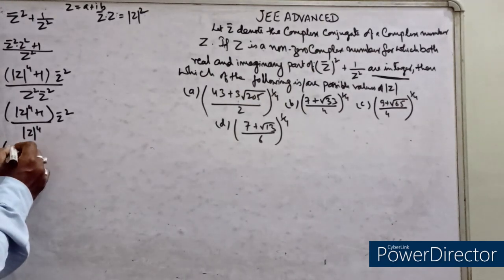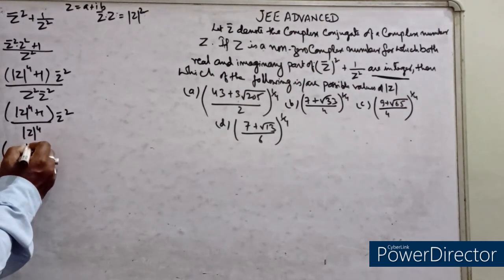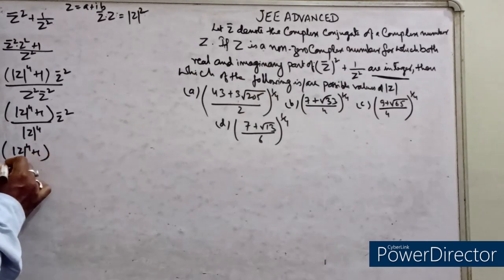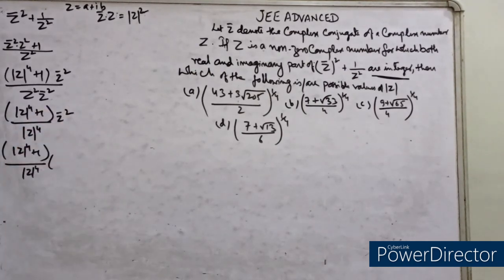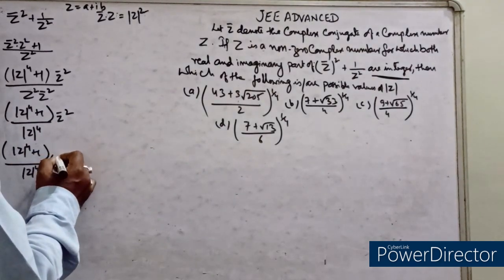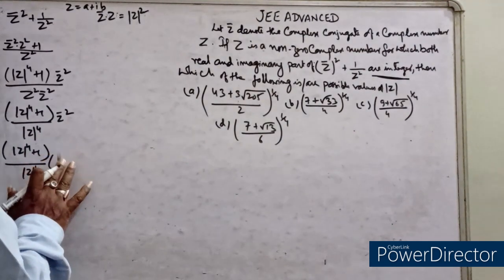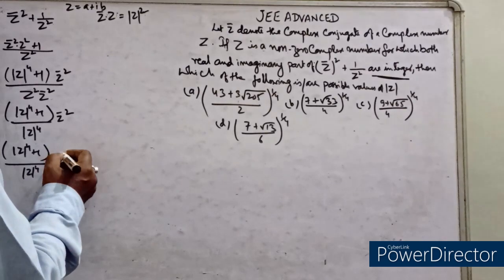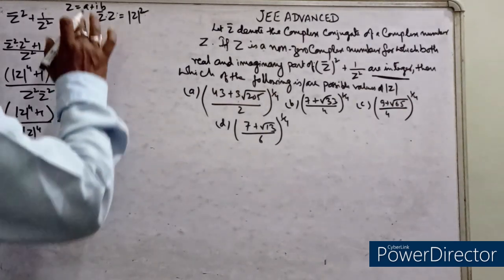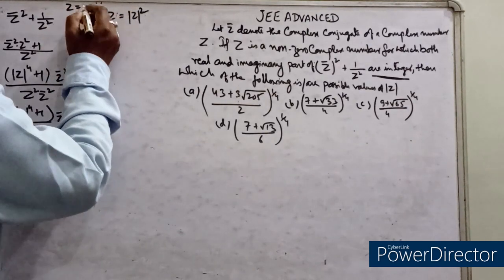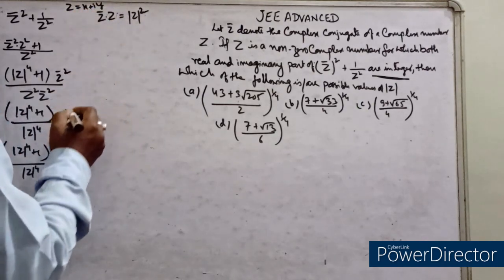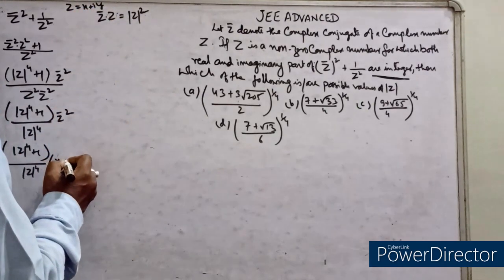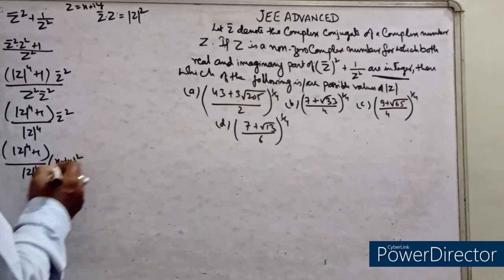So z to the power 4 plus 1 by z to the power 4, when you square this, taking x plus iy, this will be x minus iy the whole square.